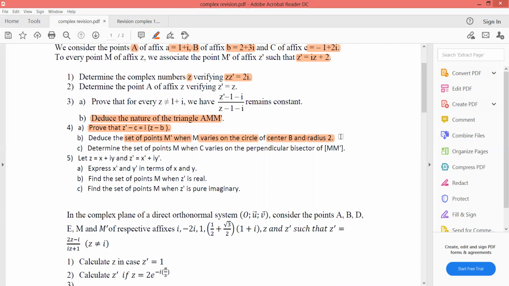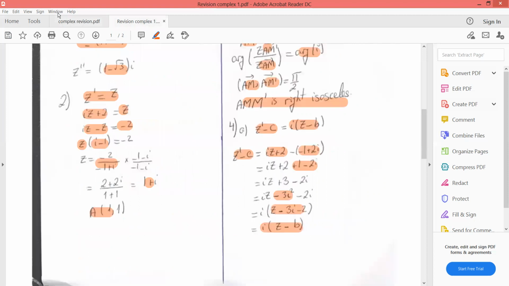Okay. What did we prove in part A? z prime minus c equals i into z minus b.